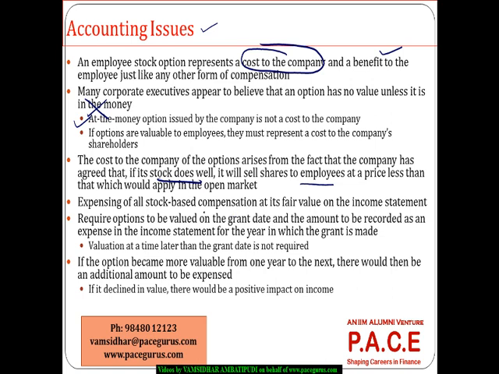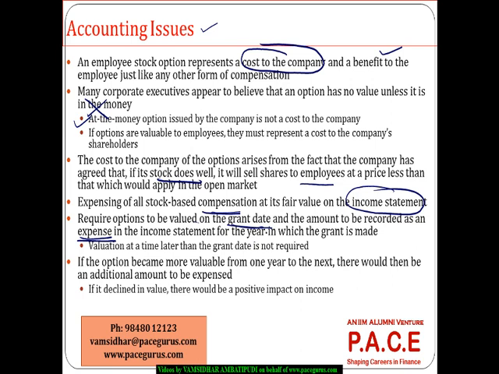And expensing all that stock based compensation should happen at fair value in the income statement. Every time, the option needs to be valued on the grant date, and whatever its value is, it has to be recorded as an expense in the income statement for that particular year. And every year the same process has to happen, right?